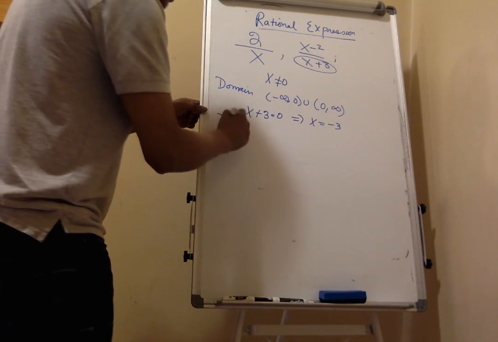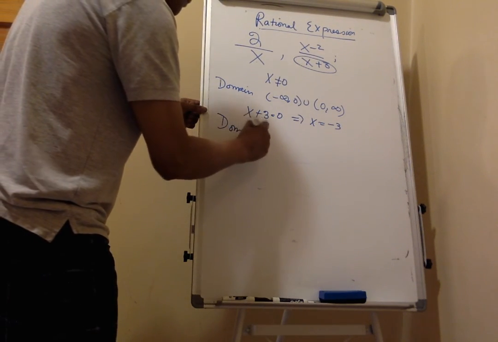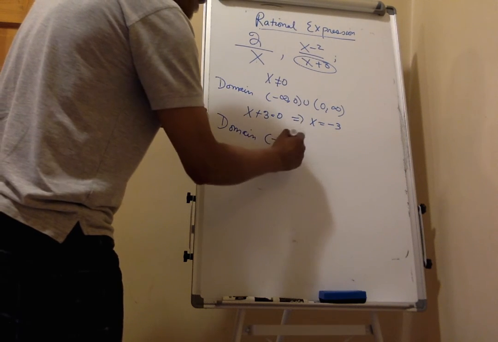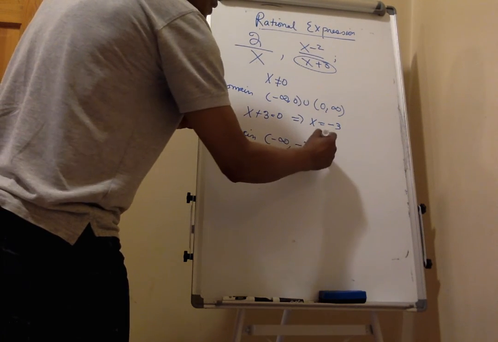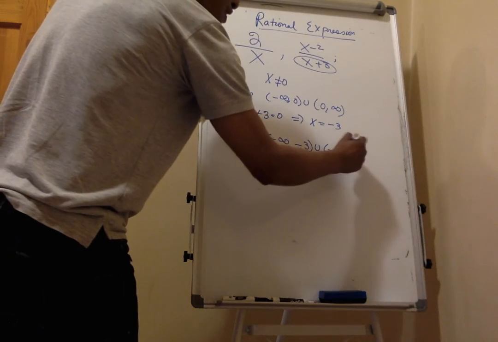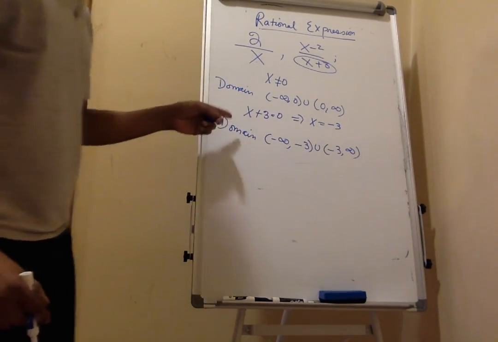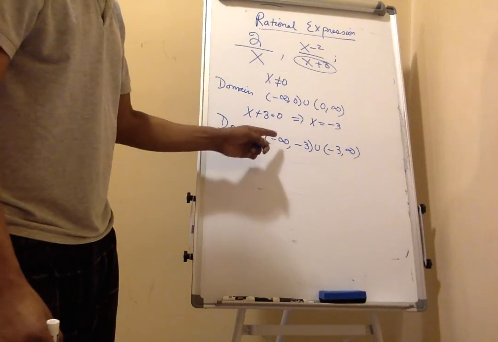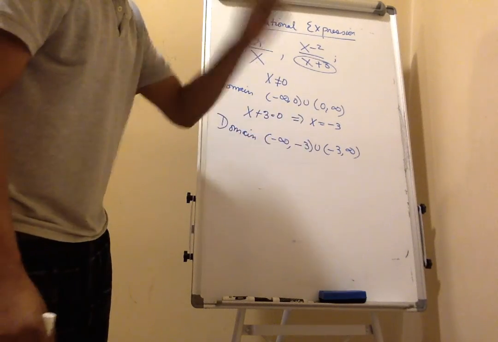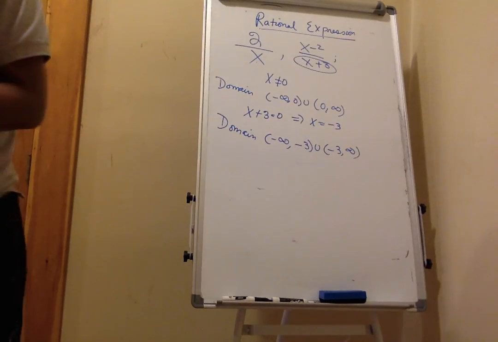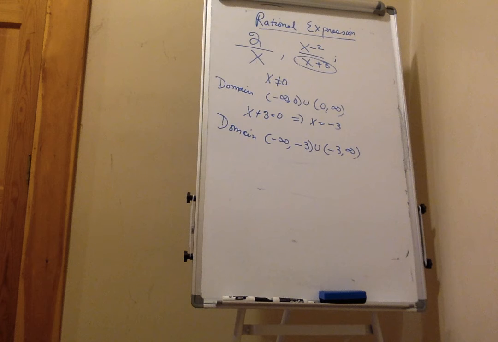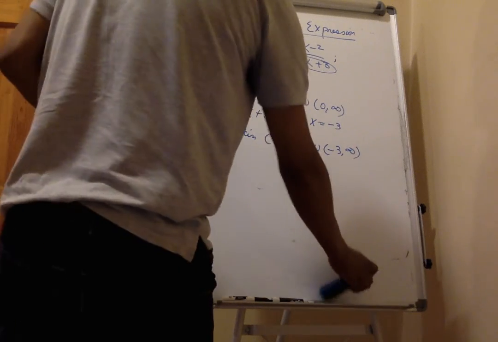So therefore, you would write the domain to be negative infinity to negative 3 union negative 3 to infinity. This tells me what we are allowed to use in our expressions, between negative infinity and negative 3 and between negative 3 and infinity. Okay. So this is what we mean by domain.